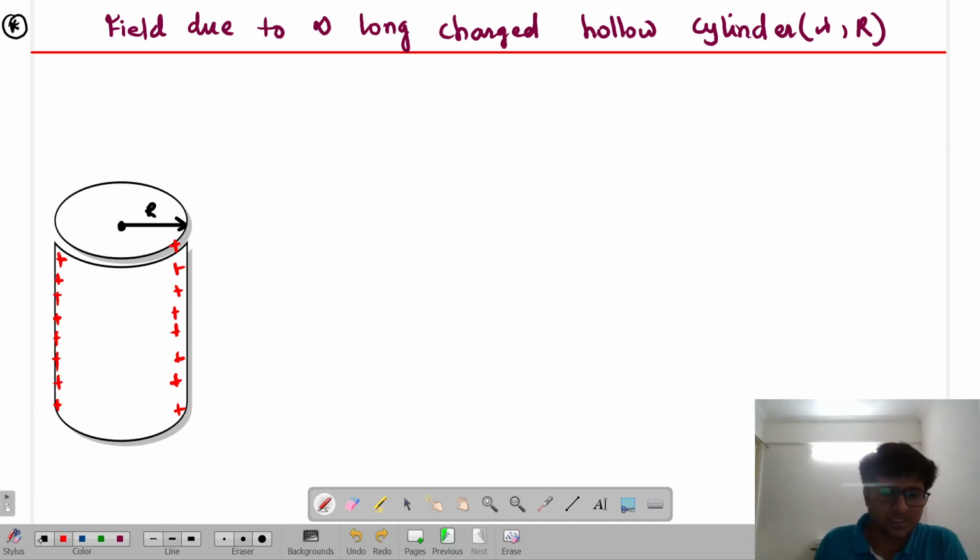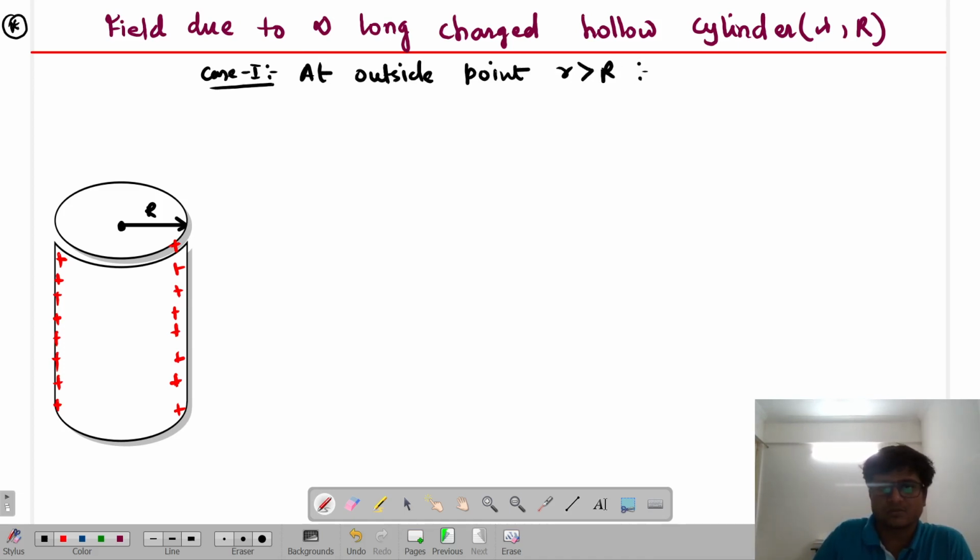So let us do the first case: at an outside point, meaning r greater than capital R. Now look over here, it's your task to think.